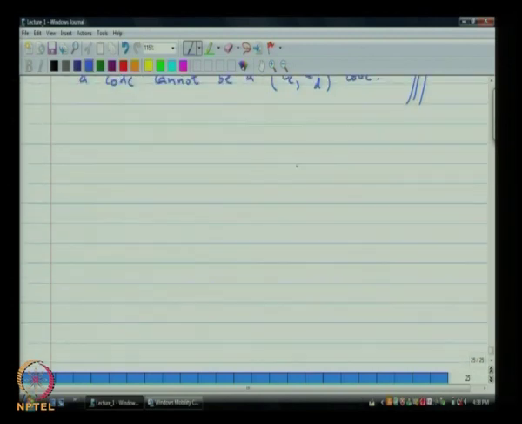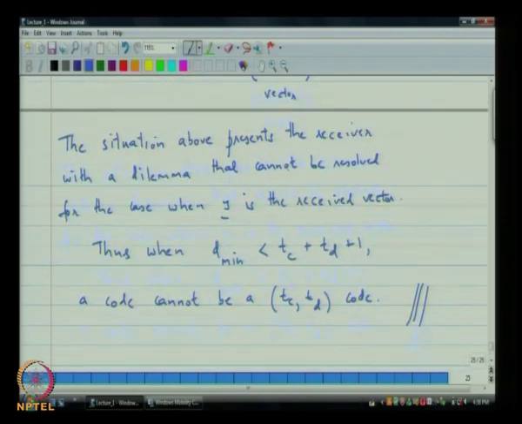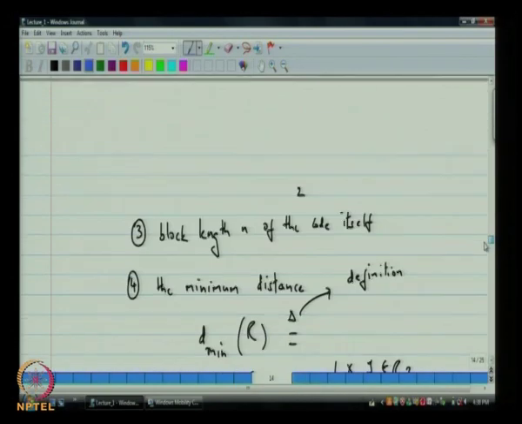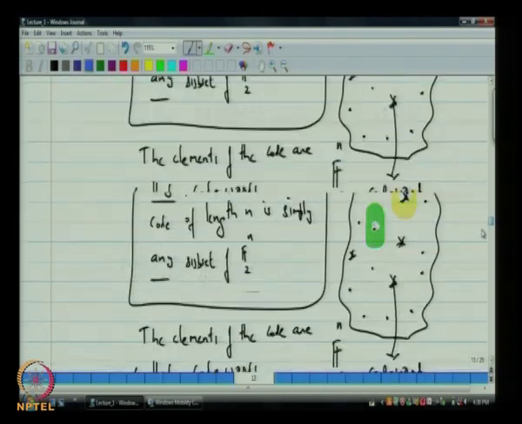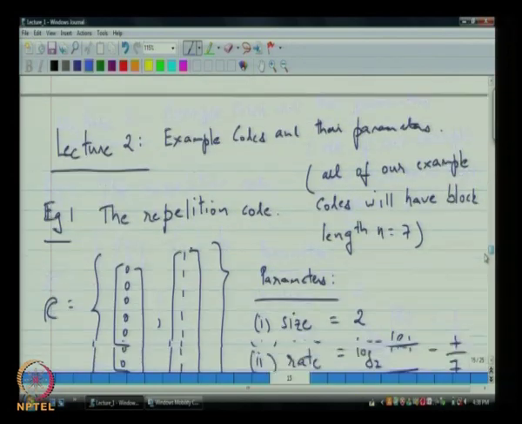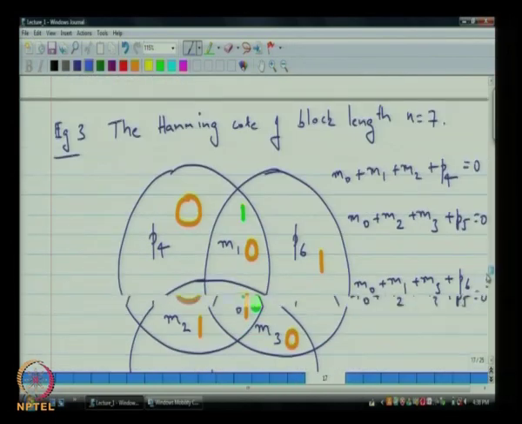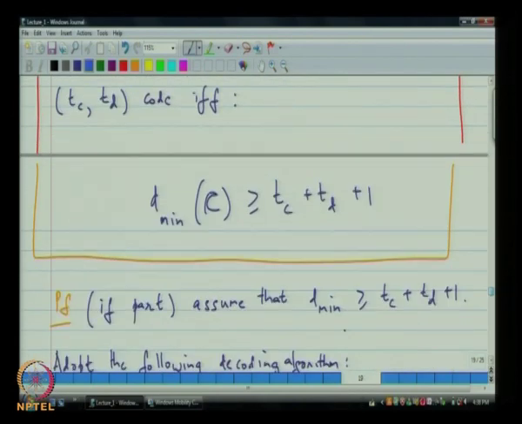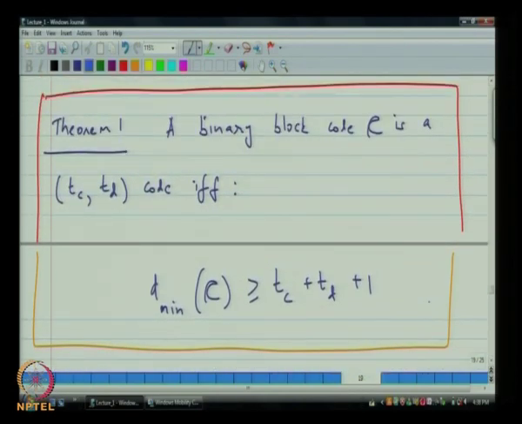Okay. That was a lengthy proof, and perhaps you got lost in an argument along the way, but just keep the result in mind, namely that in order for a code to be a t sub c t sub d code, it needs this inequality to be satisfied.